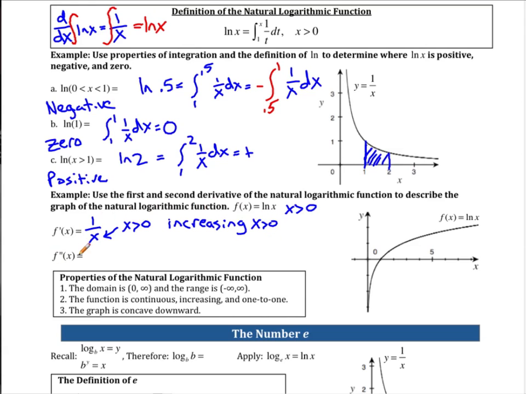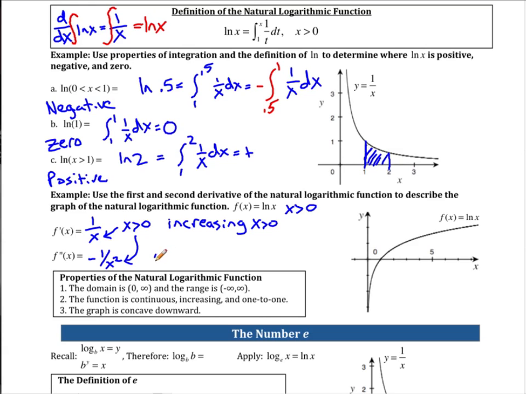Okay, now let's go ahead and find our second derivative. So the second derivative of this, well, remember, it would be the derivative of x to the negative 1, so we would get negative 1 over x squared. And now, if we plugged in x being positive, this is always going to give me a negative.